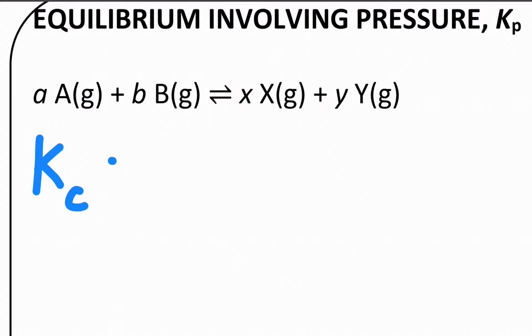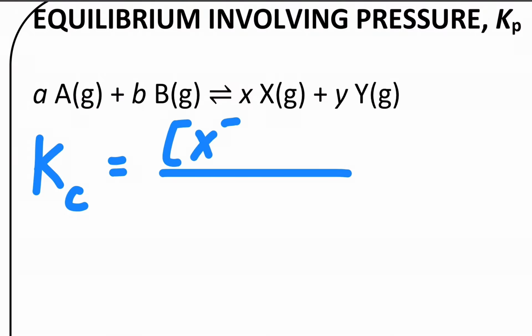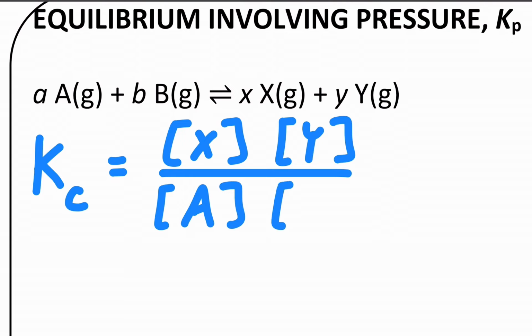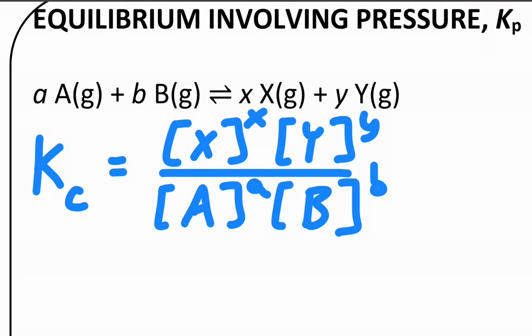So that's still what we've been doing. That is the products X times Y over the reactants A times B, all raised to their coefficients, little x, little y, little a, and little b.